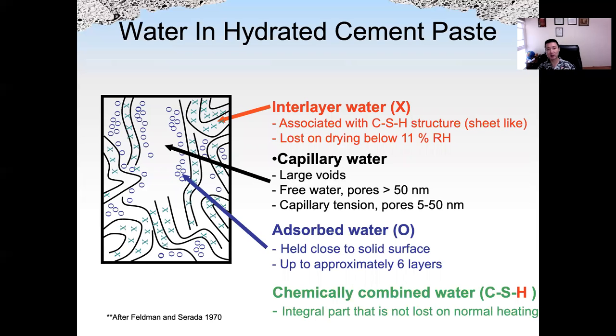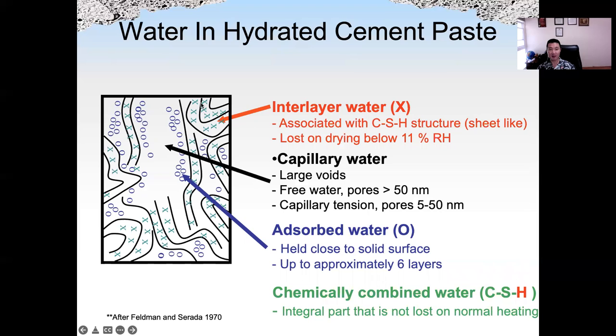Okay, so these are the major hydration products. Let's look at the different types of water in hydrated cement paste. There are at least 4 different major types of water in the system. The first one is called interlayer water. That's the green cross between the CSH sheets.